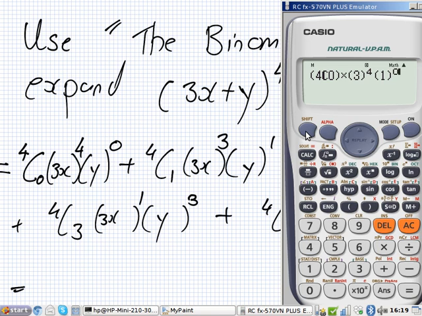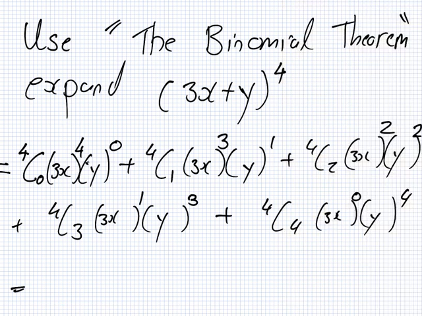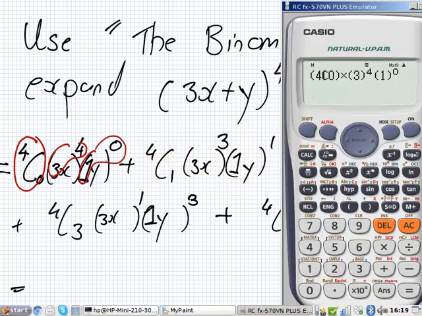The reason I'm saying the 1 is because it's like we have 1y. It doesn't really matter because 1 is still 1, but in case it's not 1, I'll show you what to do. So it's like there's a 1y here and a 3x. So we have here 4C0, 3 power 4, 1 power 0. And if we hit that in on the calculator, the first number is 81.